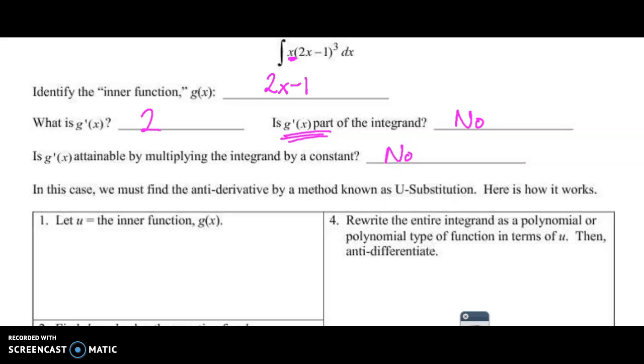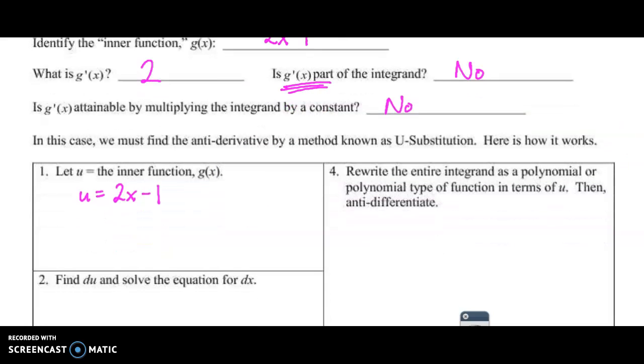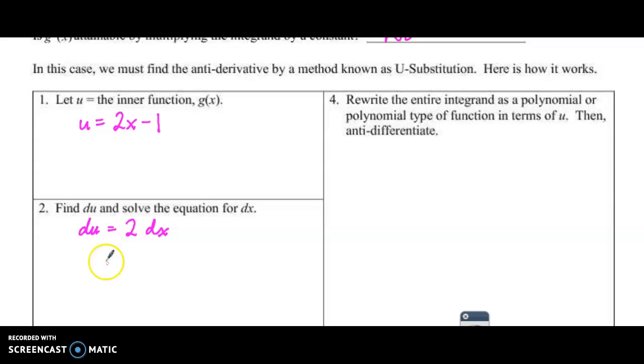So if we were to practice this problem, we would still do the same thing: u equals 2x minus 1. Then du would be equal to 2 dx. And he does the same thing that I do, where you solve for dx, which would be 1/2 du.